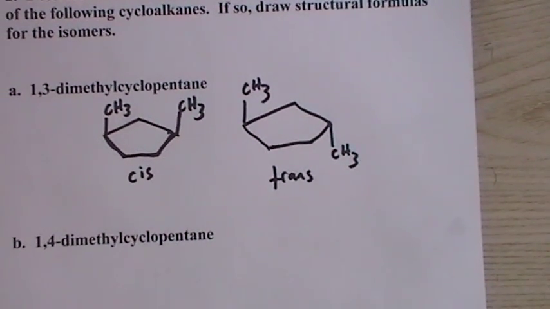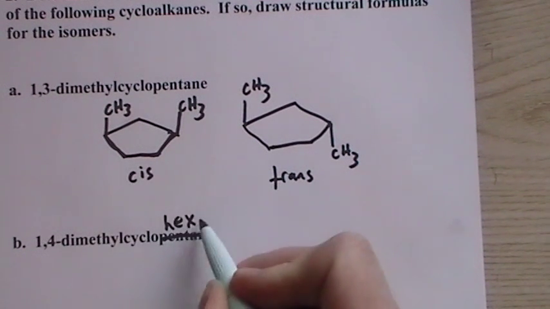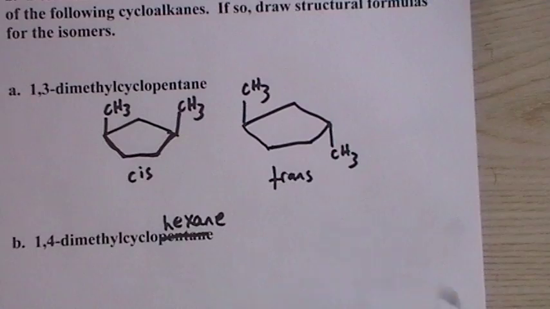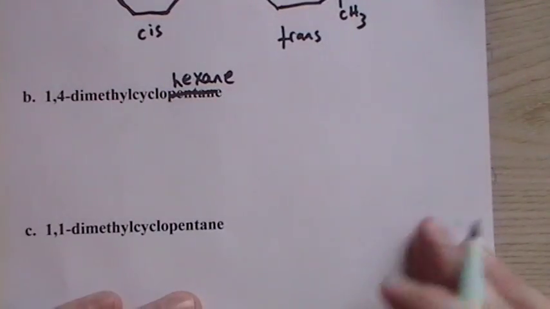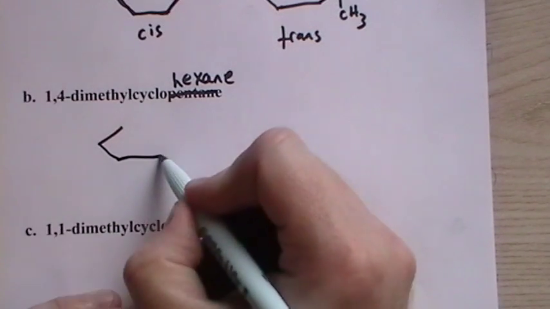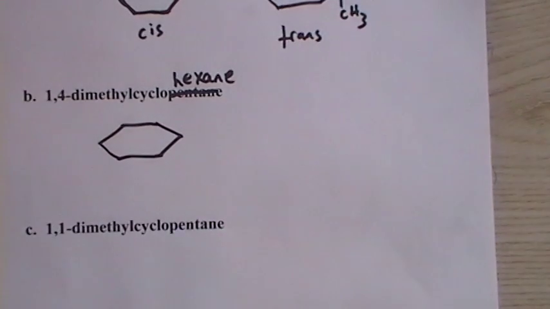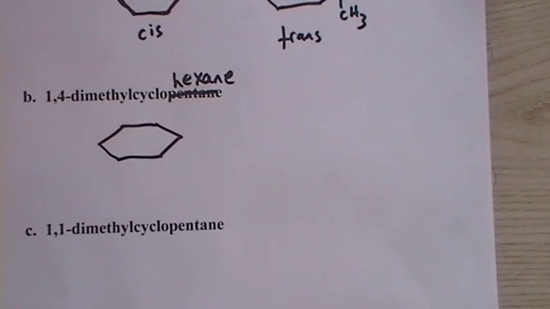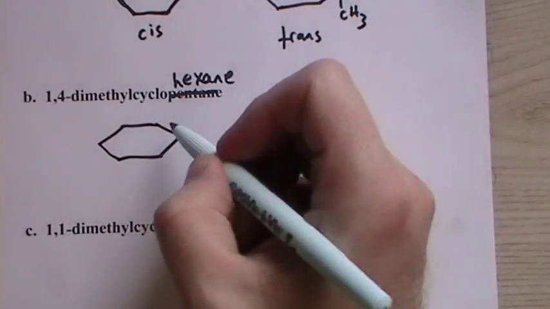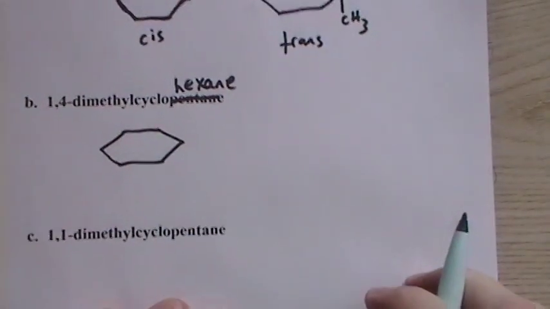Okay, now let's do 1,4-dimethylcyclopentane. Actually, this should be cyclohexane if it's going to be an actual thing. So cyclohexane, and you can see the numbering shouldn't be 1,4 on cyclopentane. Dimethylcyclopentane would be 1,2, so it doesn't really matter, they're next to each other, but let's use cyclohexane so it makes sense as far as the name.